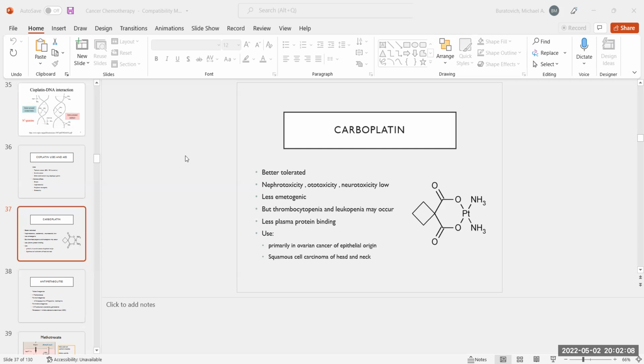So the camptothecins include irinotecan and topotecan. These inhibit topoisomerase 1. They inhibit topo 1.